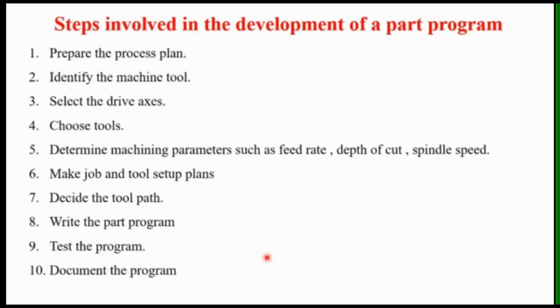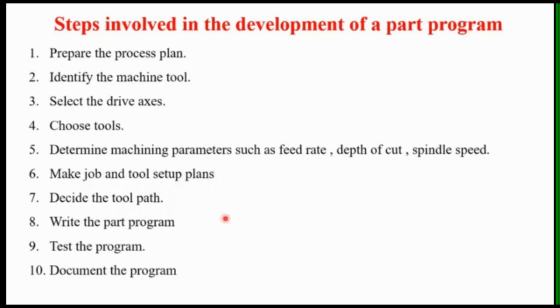Then we have to determine the machining parameters such as feed rate, depth of cut, and spindle speed. Once we decide these parameters, we have to make job and tool setup plans. Once the setup plans are prepared, we have to decide the tool path.